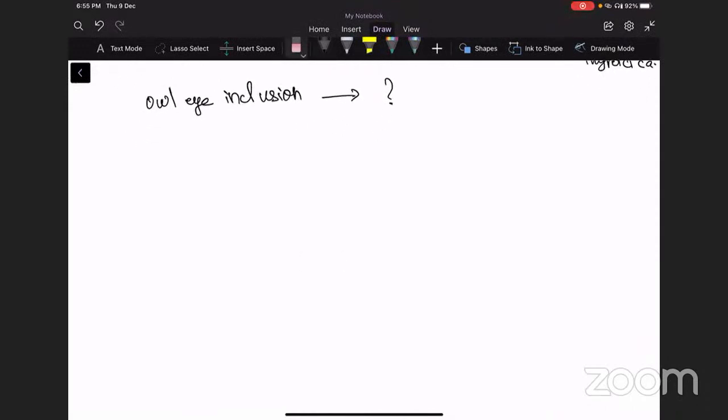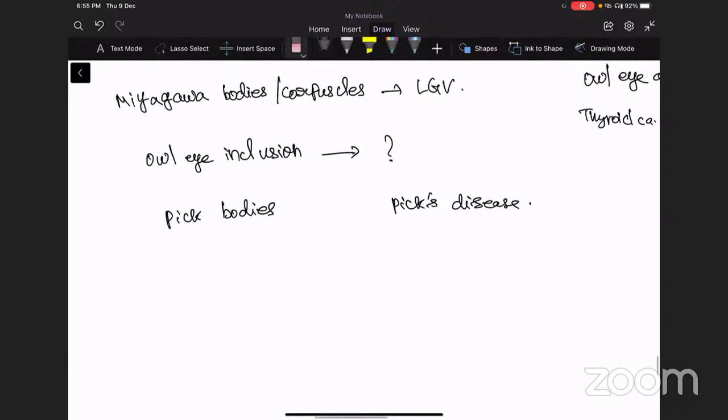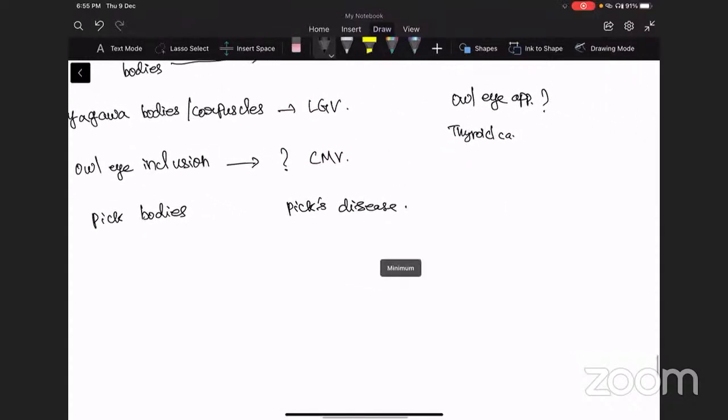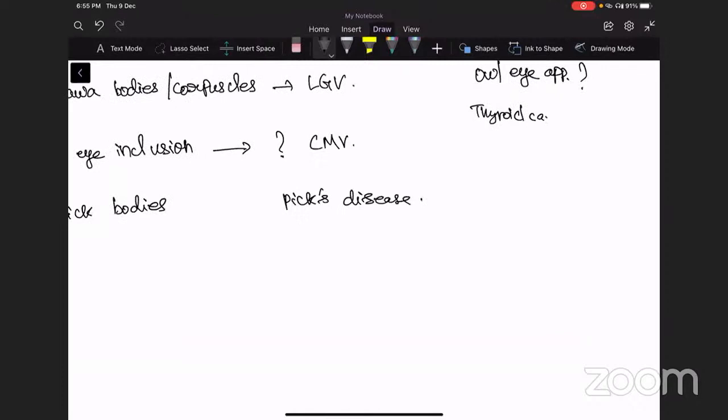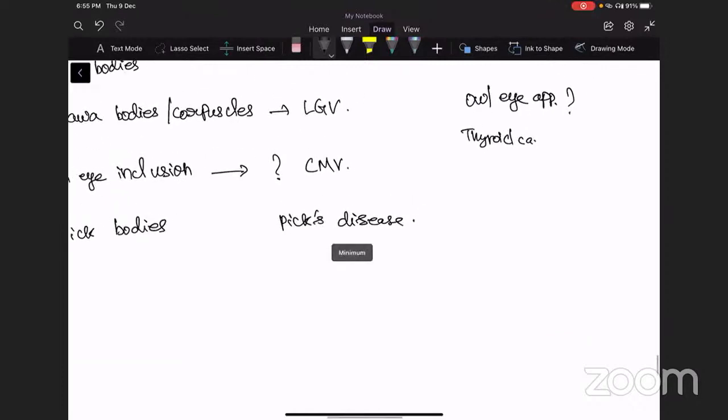Next, Negri bodies are seen with rabies. Yes, correct, Karishma. CMV is the correct answer. Cytomegalovirus is the correct answer. Owl's eye inclusions are seen with CMV. Owl's eye appearance, Sampath Jojo, Karishma, correct.